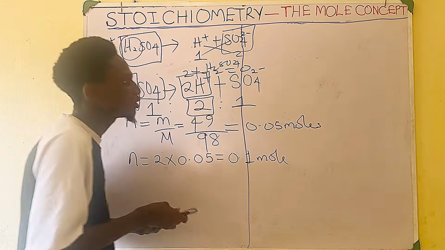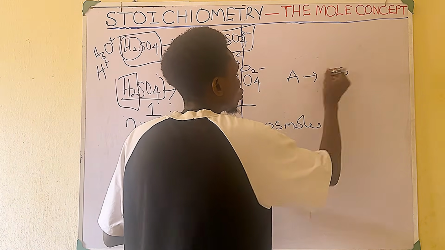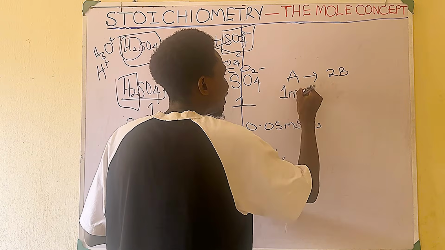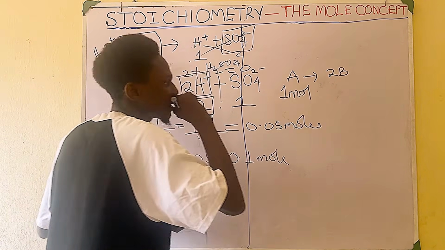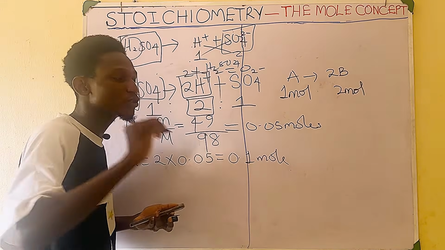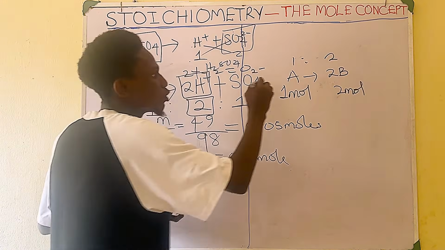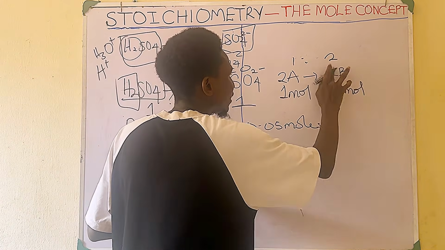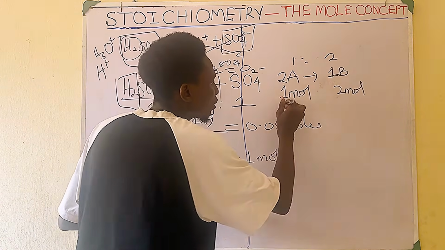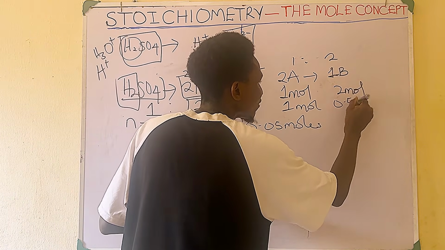I don't know if I'm making sense. So if I have a question and they say A gives you 2B, I can simply say that if I calculate A and have 1 mole as the answer, it means that B is 2 moles according to stoichiometry because it is in 1:2. If I have 2 moles of B and 1 of A, then A is going to be 0.5 moles.